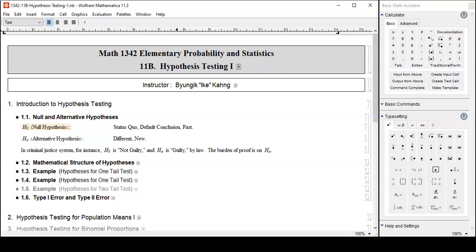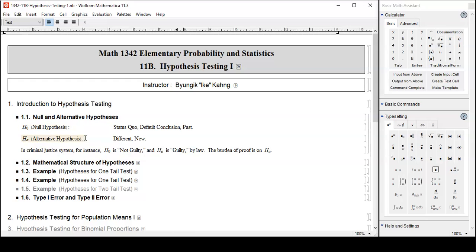Look up the dictionary. Null or null, both are correct by the way. Null means nothing, none, zero, empty. Basically, if you do nothing, you have to come back to the null hypothesis, which means this is the default, status quo, past consideration, traditionally what we had been doing.